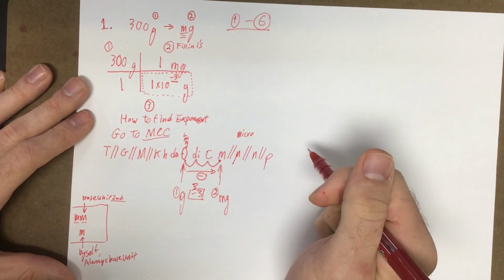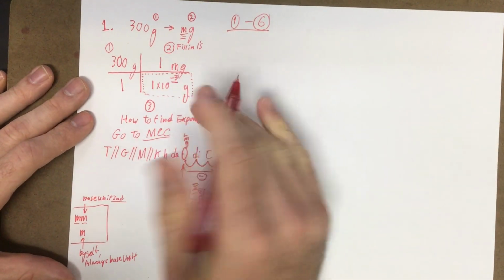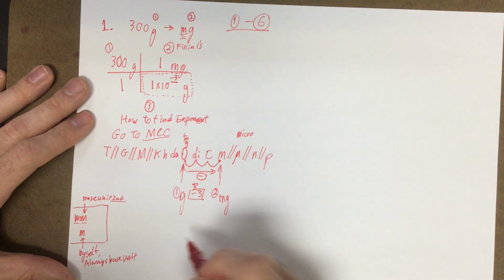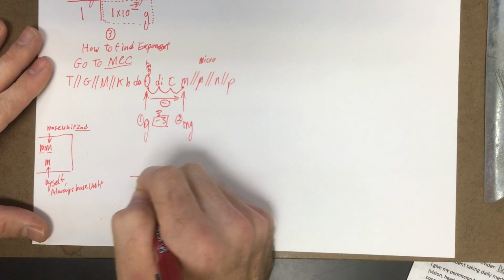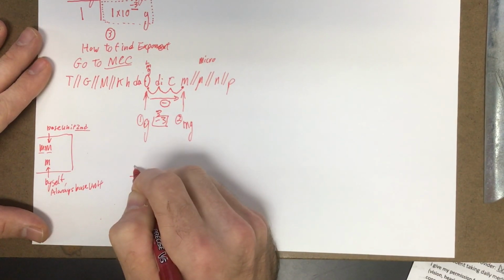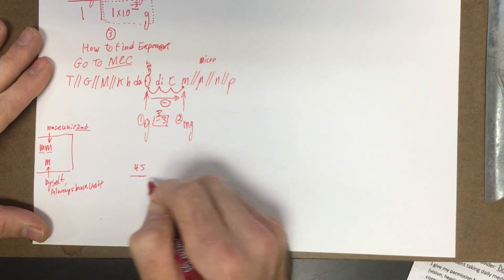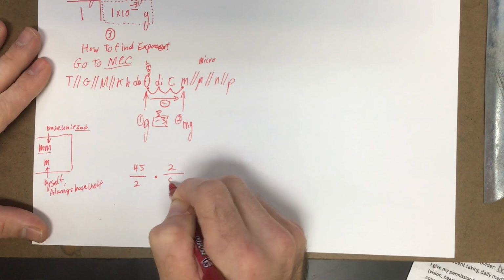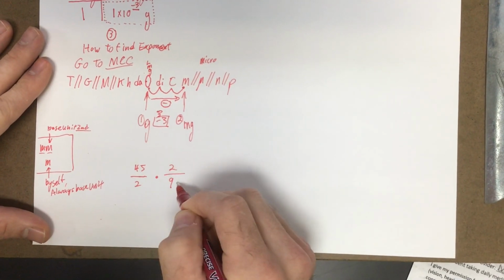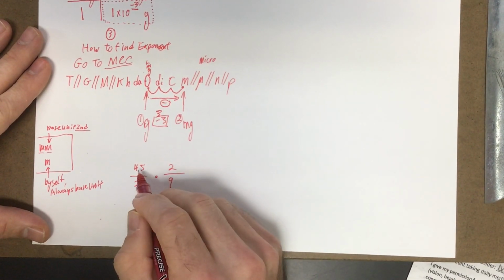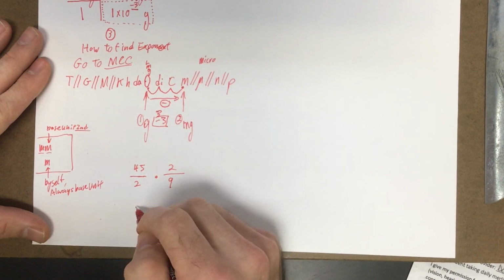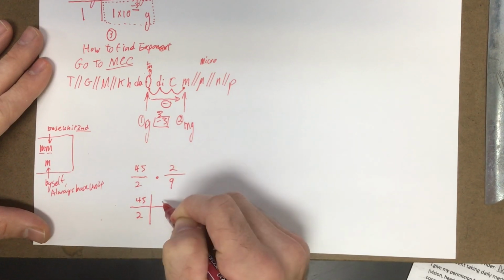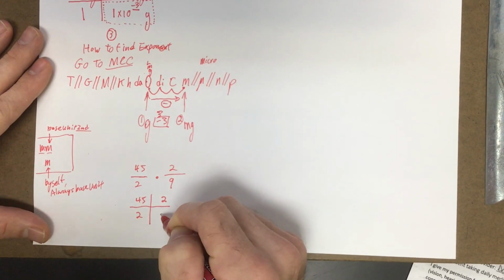Okay, so after our third step, let me tell you about what this looks like. This looks like kind of when you multiply two fractions together, okay? So if I have 45 over 2 times 2 over 9, okay? This is what our fraction looks like, okay? And we multiply these fractions together, okay? We could write it like this: 45 over 2 times 2 over 9, okay?